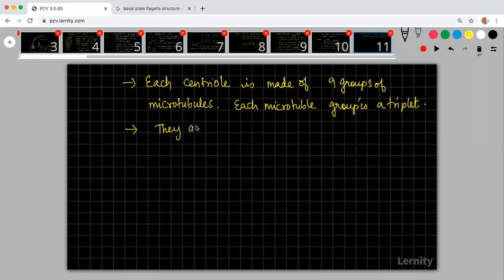They are made up of a protein called tubulin.